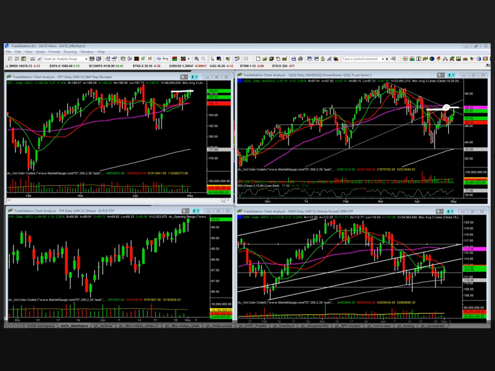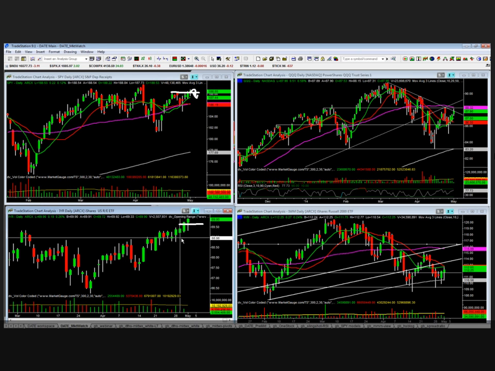So on SPYs, I looked at the same numbers, and it turns out that it's about the 188.40 level. So that 188.40 level is the level I don't want to see the market come back down through on a daily basis in conjunction with this level here, which off the top of my head I'm forgetting what the level was.